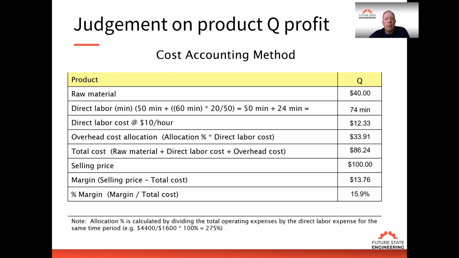So instead of 30 minutes to produce it on one resource, it's going to take 60 minutes for the cross-trained people. So what's the impact on the product alone? You can see the margin goes to 15.9%. So the product margin goes from 40.4 to 15.9. So the profit margin of the product goes down.